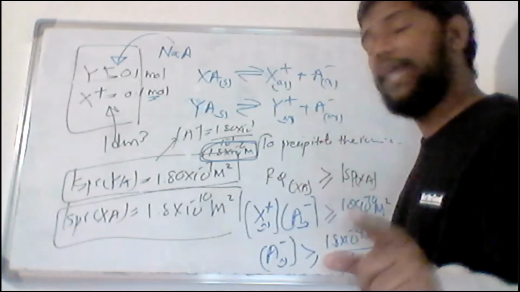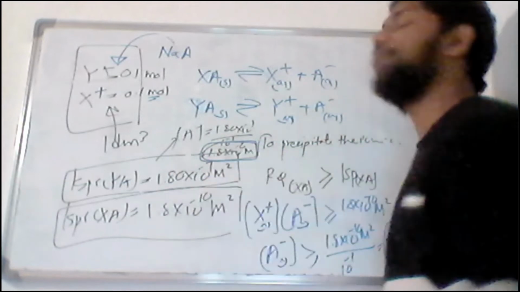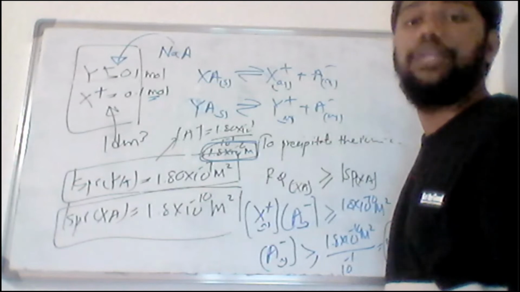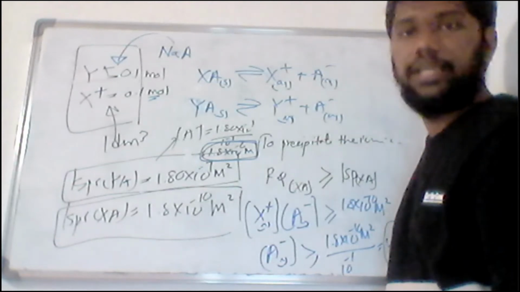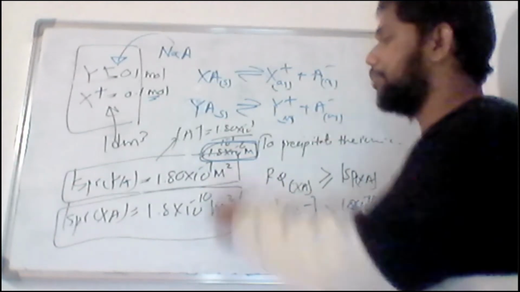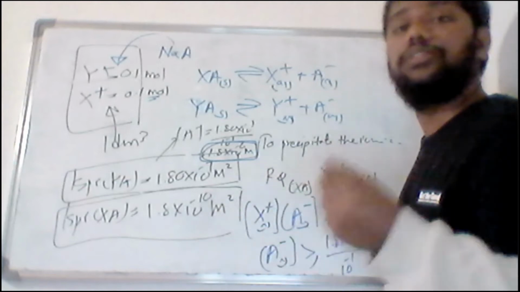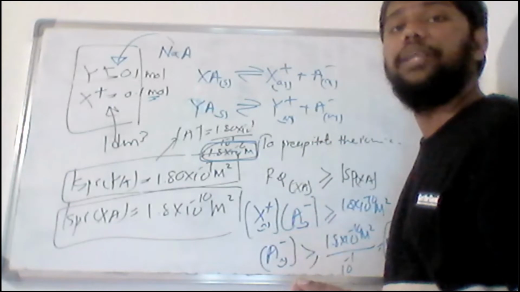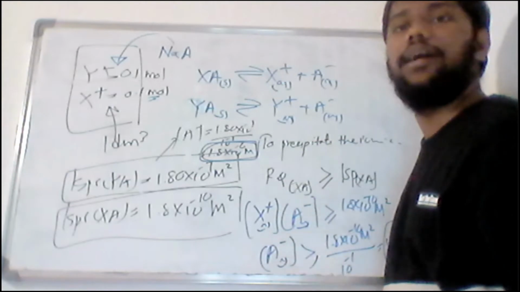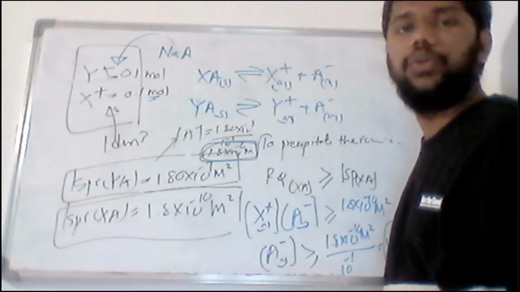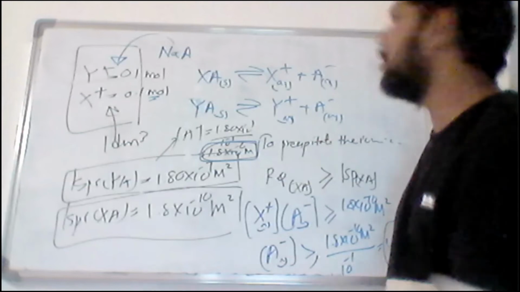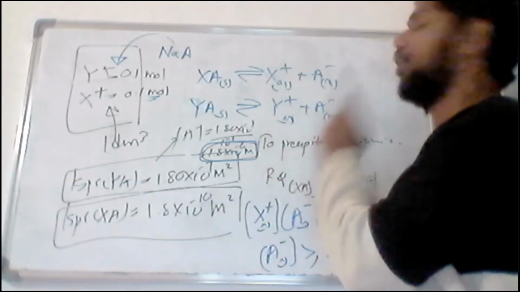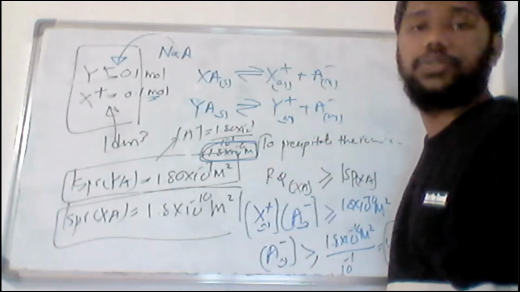But don't forget, this KSP method is not always suitable. Okay? You can use this method when your sparingly soluble salts have the cation and anion in the same ratio. For example, 1:1 and 1:1. So you can use it for a 1:1 salt.